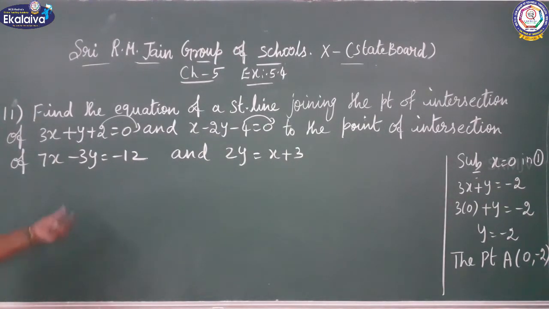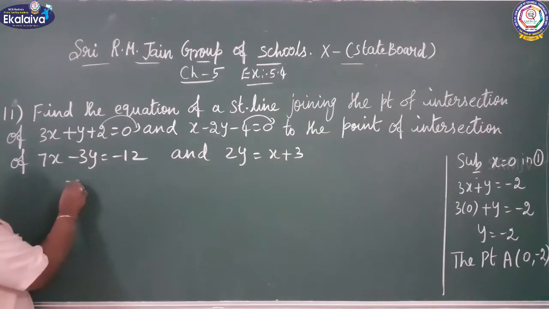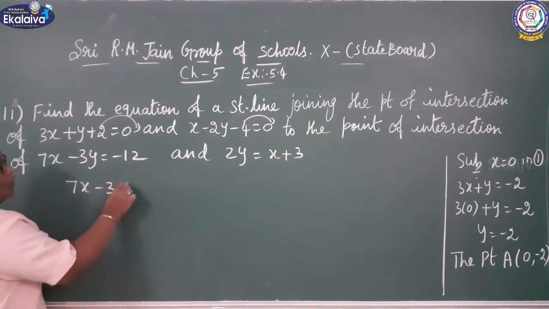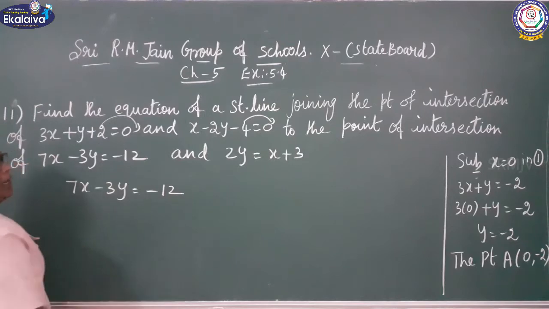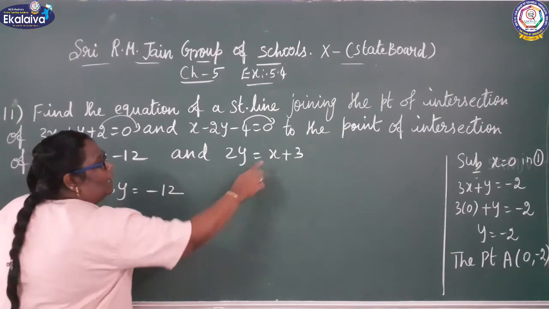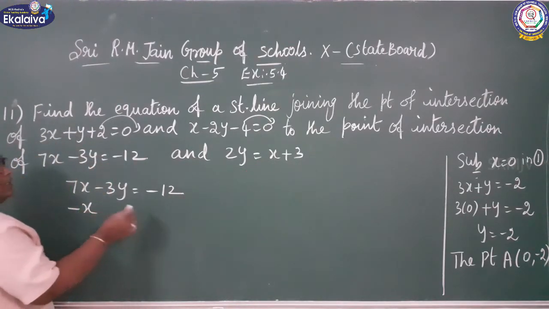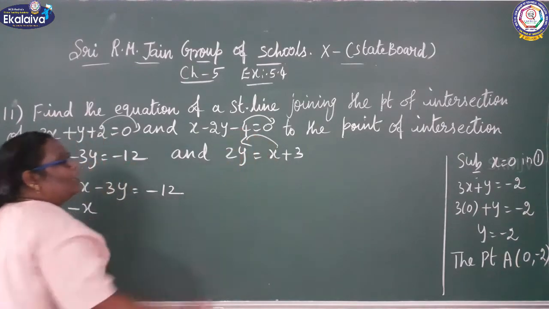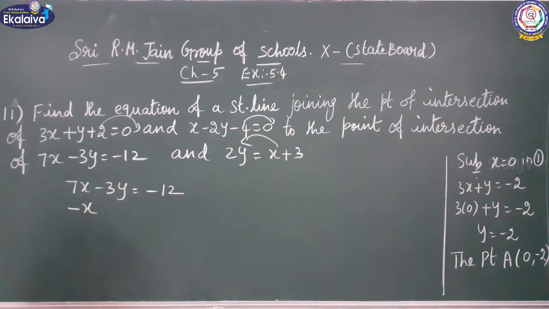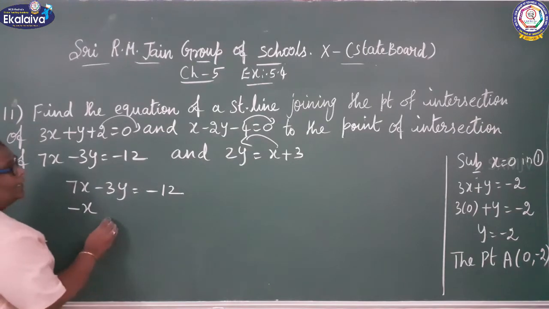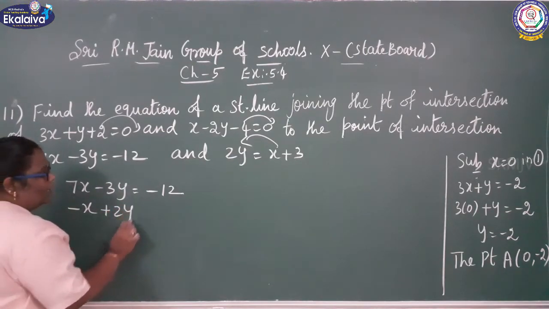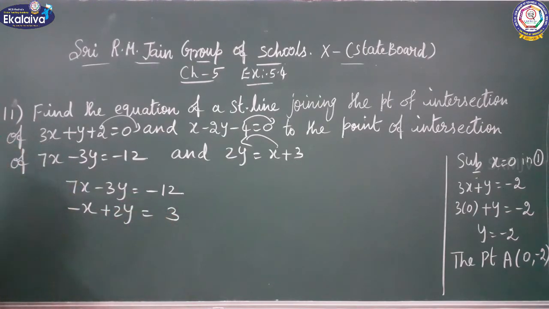Then take the next two equations to get the point B. 7x minus 3y equal to minus 12. Then minus x, you bring this value to the left hand side, minus x plus 2y equal to 3.